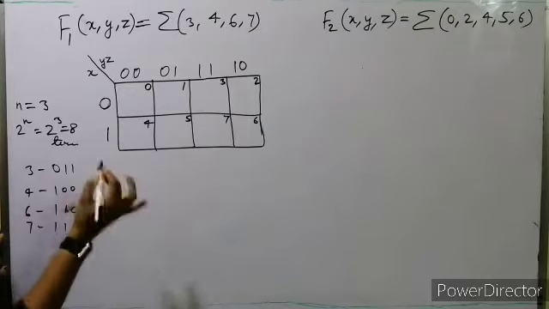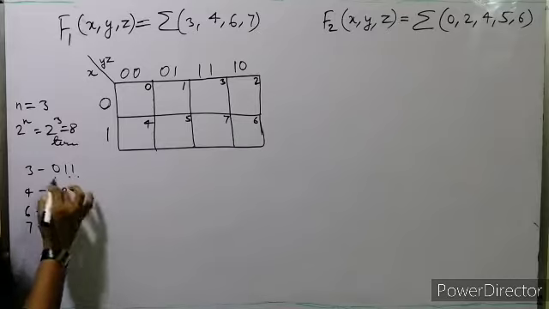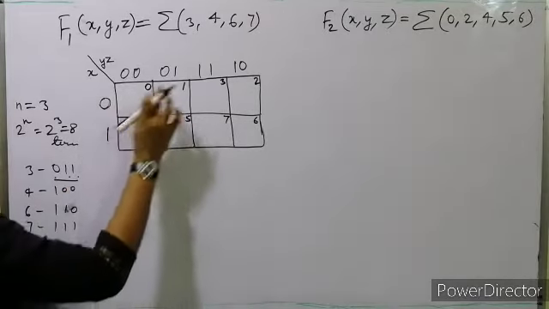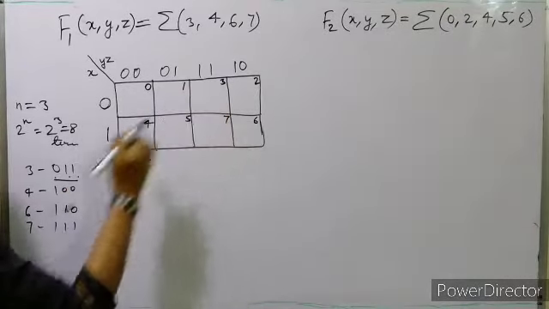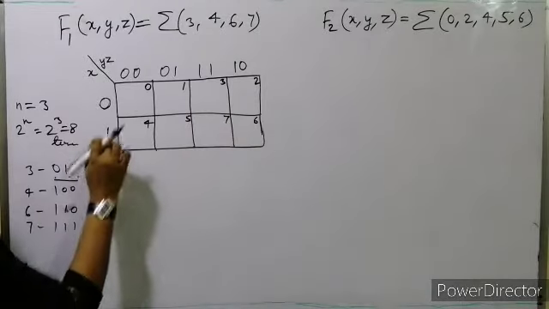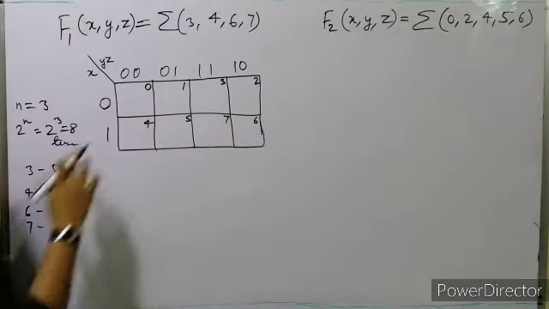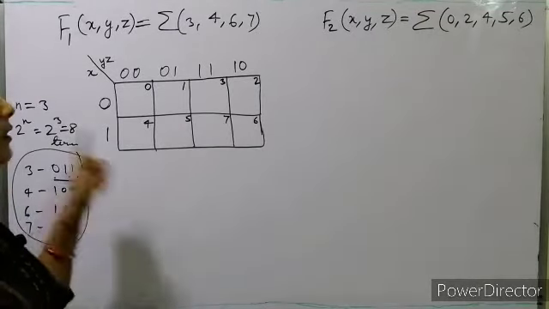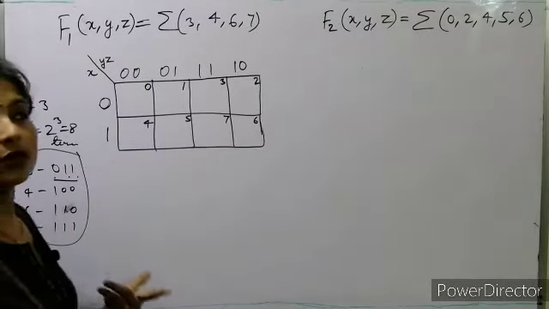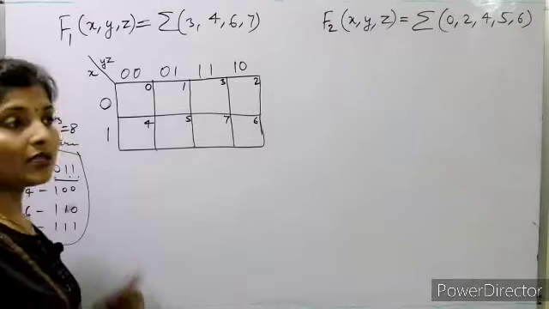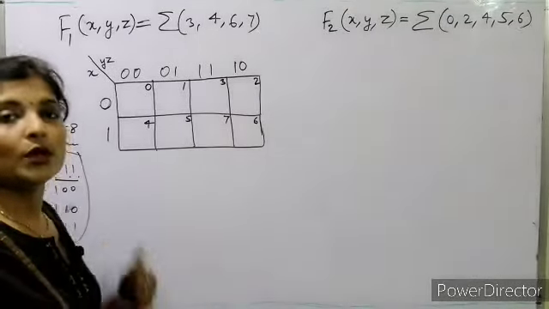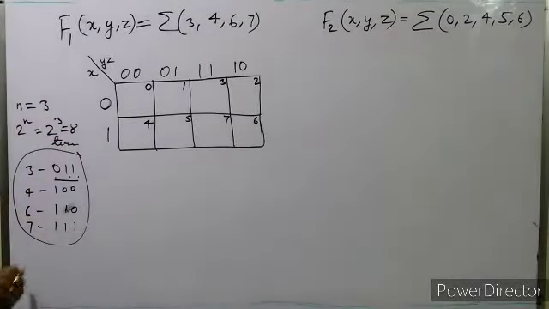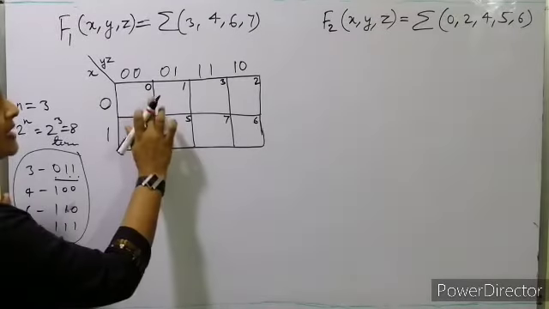So in this way also we'll write 1. So 0 1 1 means this one. Okay, 1 0 0 means this one. So this is also a method to write 1 in the boxes, to decide in which boxes we have to write 1 and in which boxes we have to write 0. For that we can use this method also, but this is not the best one.